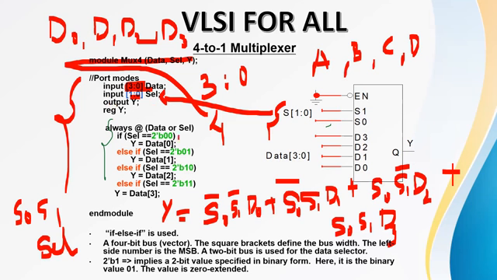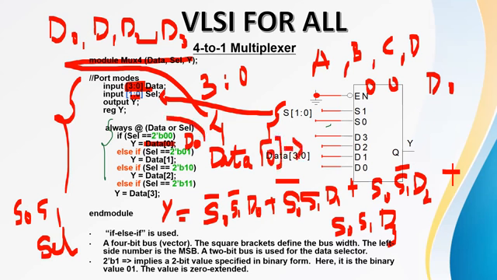Always at data or select. If the select line is 2'b00, for the 0 0 condition it will select D0. So if the select line is 0 0, then I am giving the data D0. This D0 indicates data of 0, the vector representation. Else if the select line is 0 1, then the data is 1.